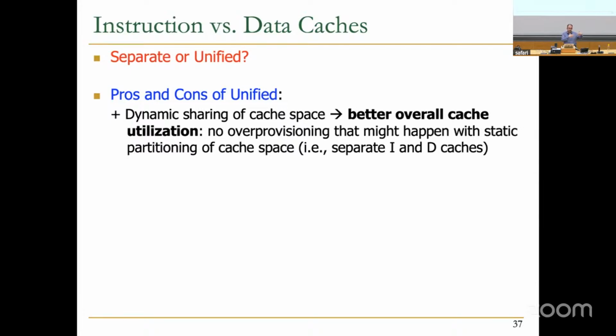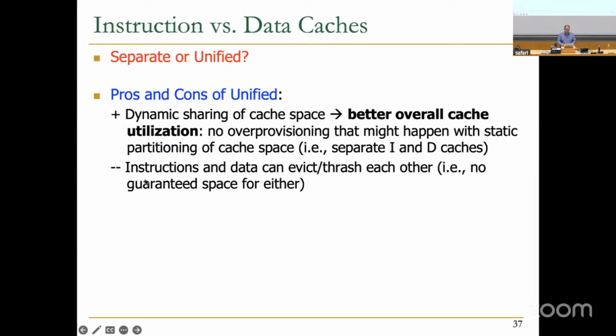So you are not utilizing the data cache much, but you need a higher capacity for the instruction cache. Once you design these two structures in a unified manner, and you manage instruction and data cache together, potentially you can have better utilization. So there is no over-provisioning that might happen with static partitioning of cache spaces.